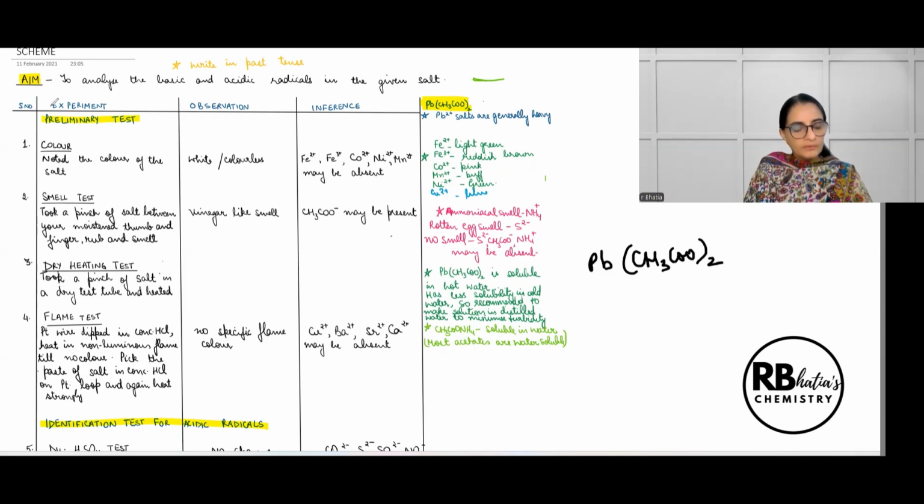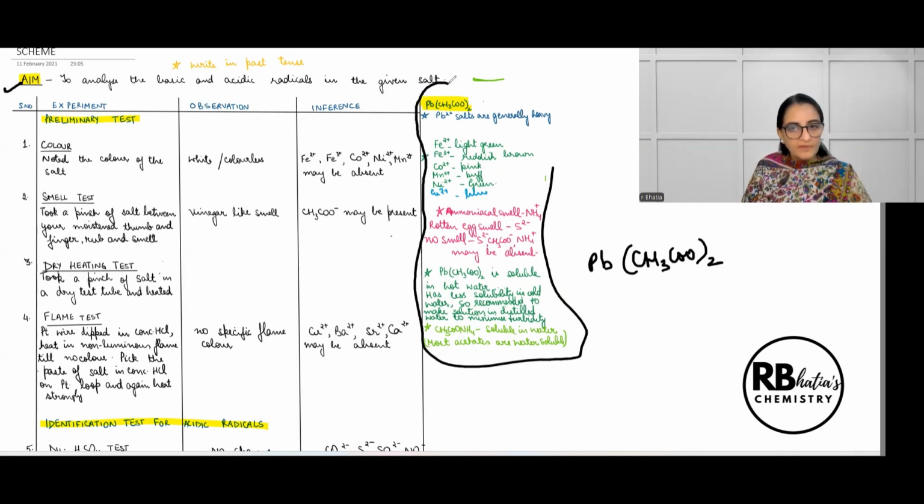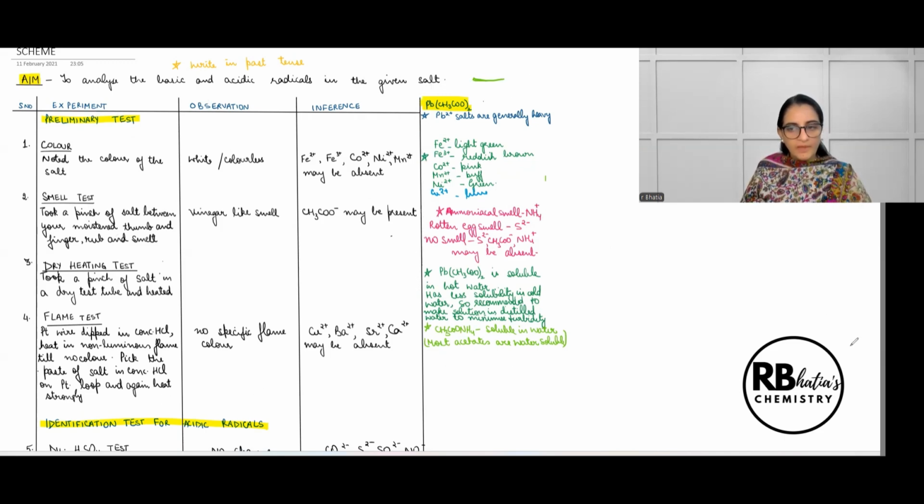In your sheet, you will start with the aim: to analyze the basic and acid radicals in the given salt. Then you're going to make these columns exactly the way you do in your copy. Only this column is not to be made. These are just extra viva questions related to each concept. You don't have to write this part.